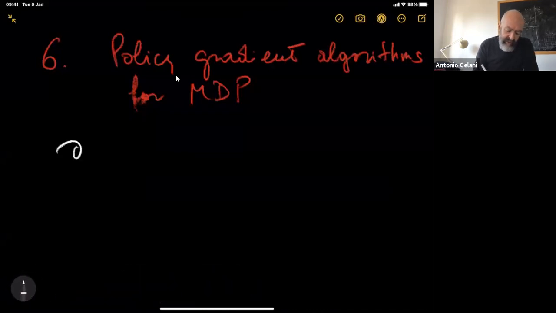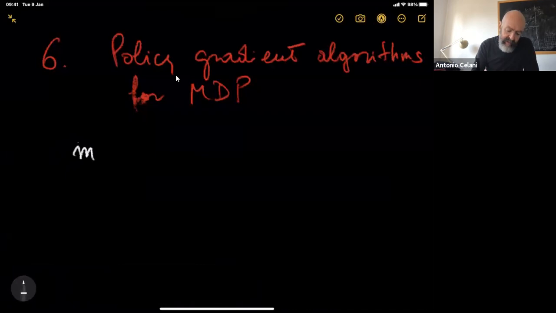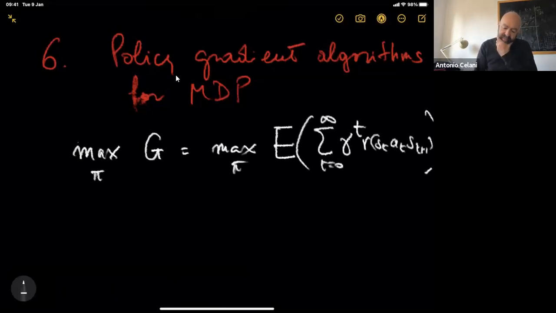So remember, just recall that our goal, as always, is to find the policy which maximizes our total gain, which is more explicitly find the policy which maximizes the expected value of the sum of discounted rewards along a trajectory generated by our Markov decision process.